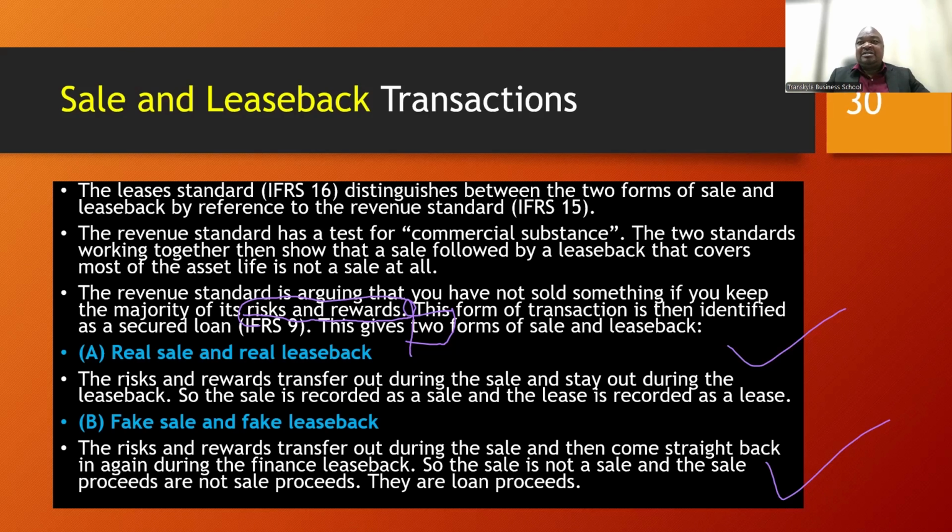So you made a fake sale transaction, and then you start to genuinely pay rentals, it won't happen, isn't it? Because you are already the owner. How can you then start to pay rent when there was a fake sale, which means no sale happened, and you are now starting to pay rent to who? Because there was no sale in the first place.